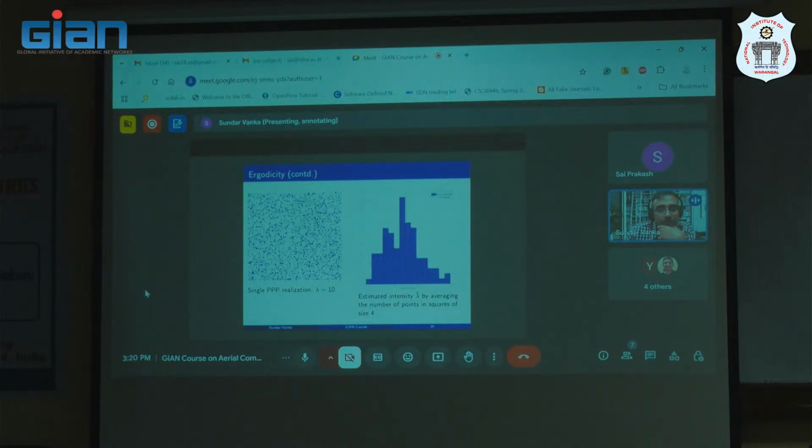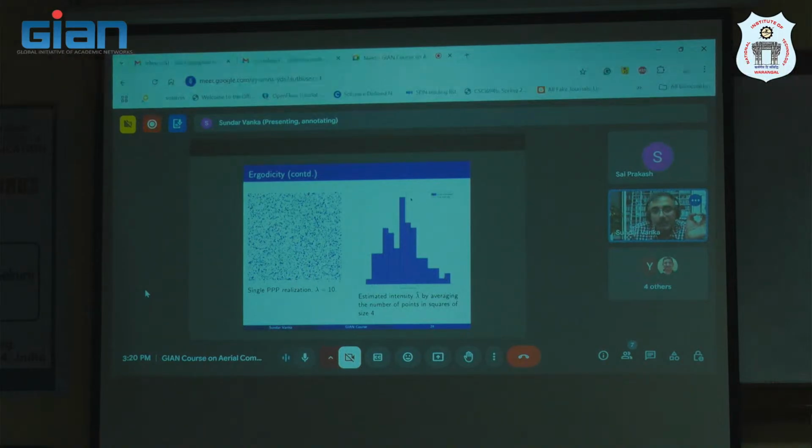In each 4 by 4 square, I count the number of points, and then I find the histogram of all the counts. Then I divide by 16, because I'm finding intensity. If I divide by 16, what I'm seeing here is that the true intensity is 10, but the rest of the intensities are not very far away, 8.5 to 12.